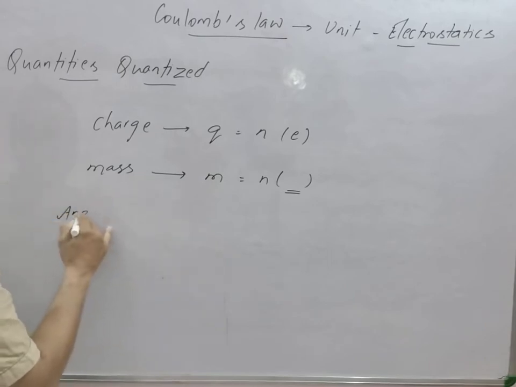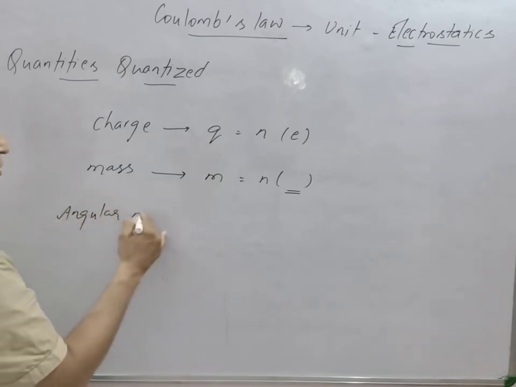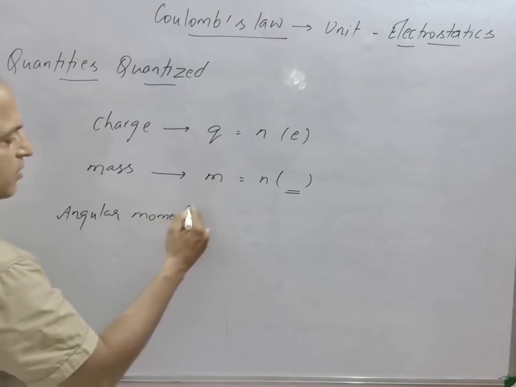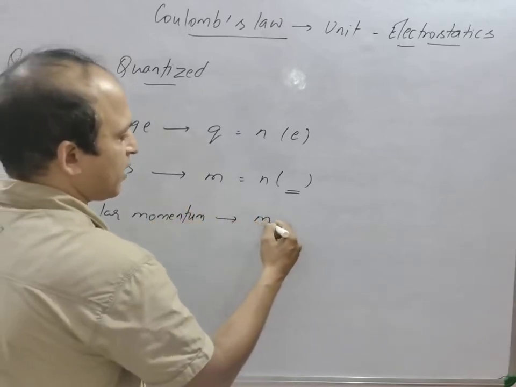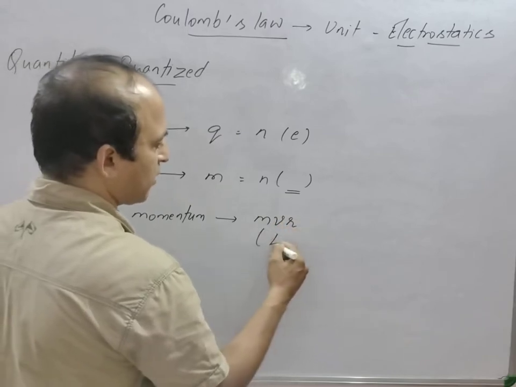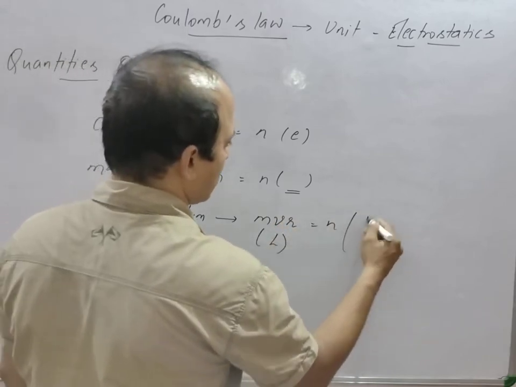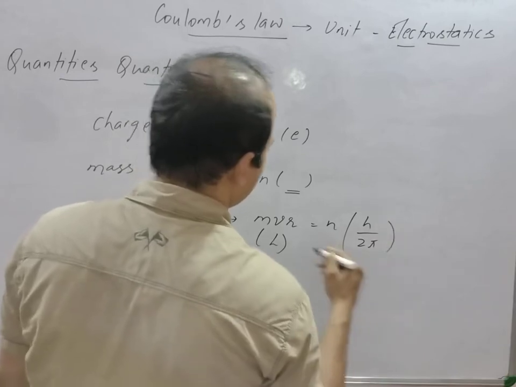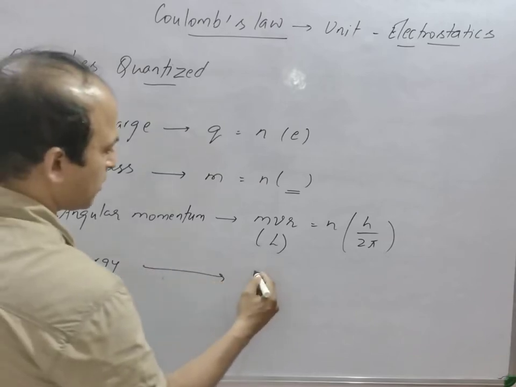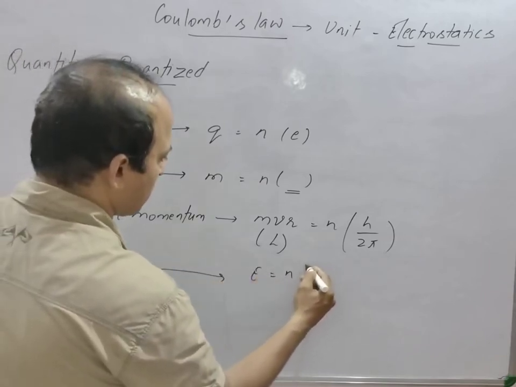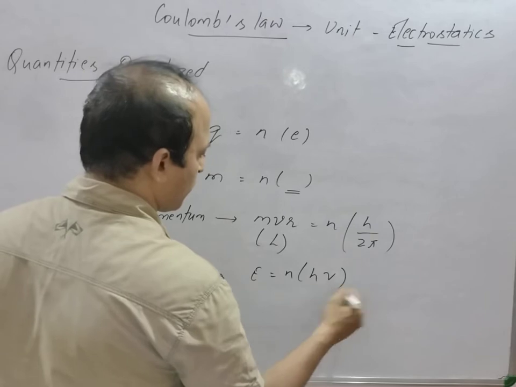Similarly, if I say angular momentum, the expression for the same is mvr, that is L, equals N h upon 2 pi. And there's one more, the last one, energy, that is E equals N h nu.